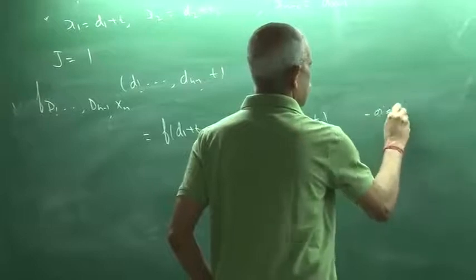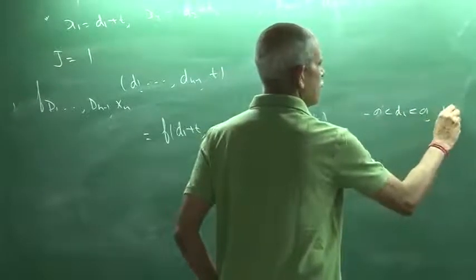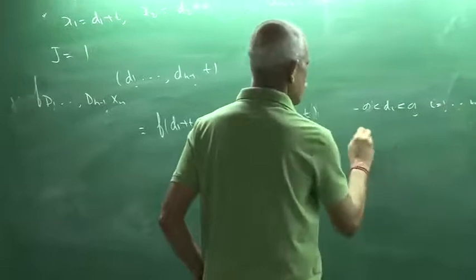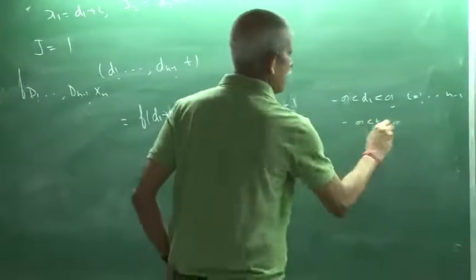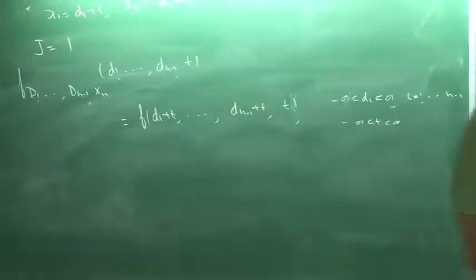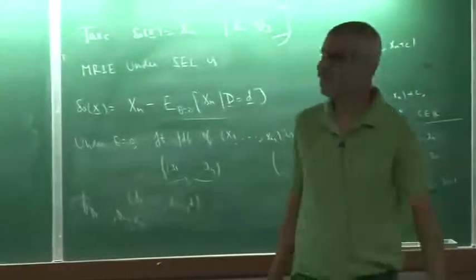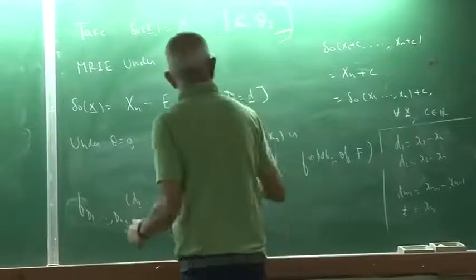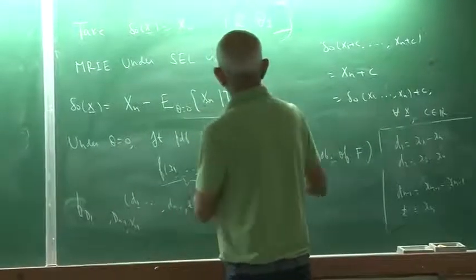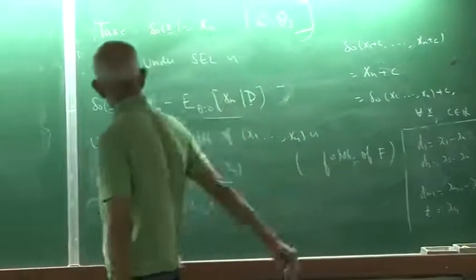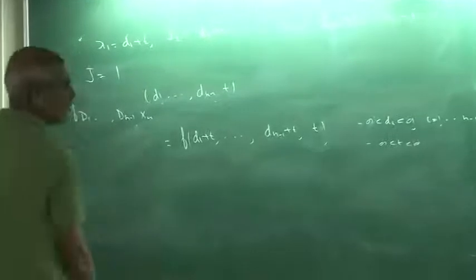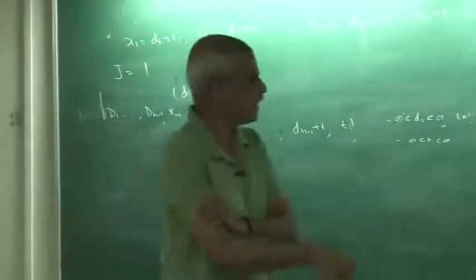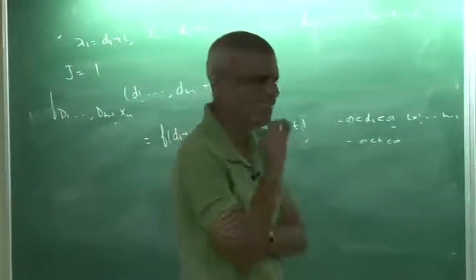Minus infinity less than di less than infinity, for i equal to 1 to n minus 1, and t. What I have to do, to calculate this, is find the expected value of xn given D is equal to d. Actually, I should not write D is equal to d here, because D is a random variable. So, let us try to find out the expected value of xn given D is equal to small d.